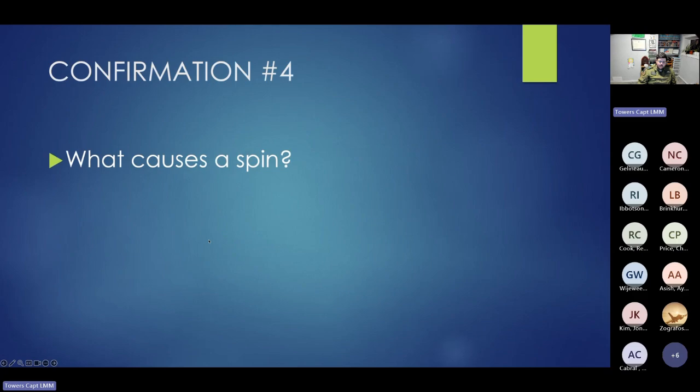Confirmation question number 4. What causes a spin? Dudzinski. An aggravated stall.